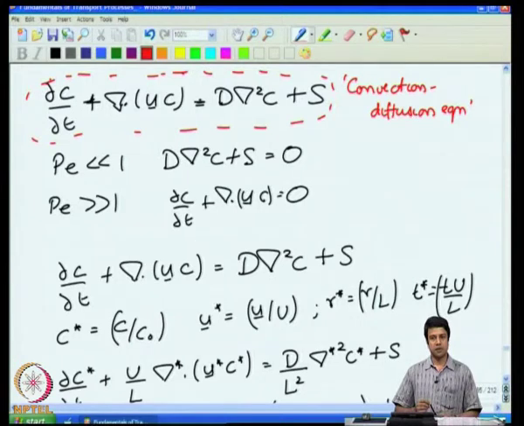For example, if we were trying to solve the problem of thermal diffusion from a catalyst surface in the presence of flow, that is, if the particle were moving with a velocity u with respect to the fluid, the characteristic velocity would be the particle velocity itself, characteristic length would be the particle radius. So, one can scale the spatial coordinates by the particle radius, the velocity by the particle velocity, and once that is done, one gets a dimensionless equation.